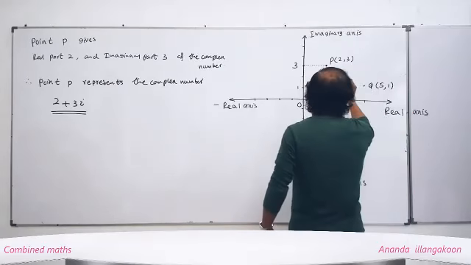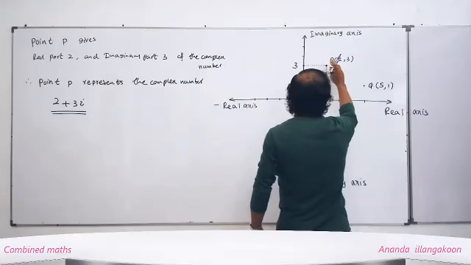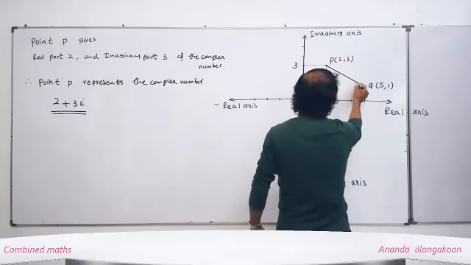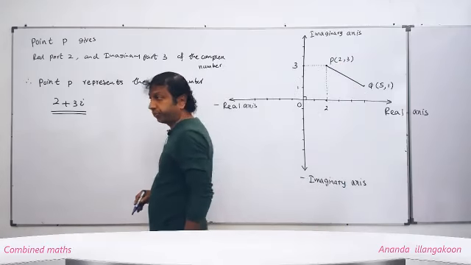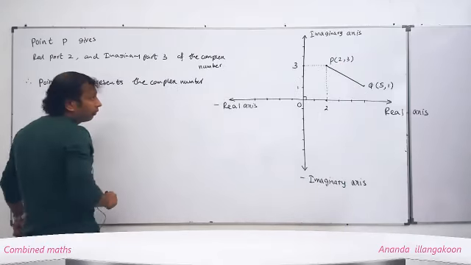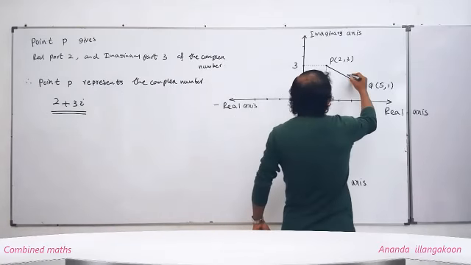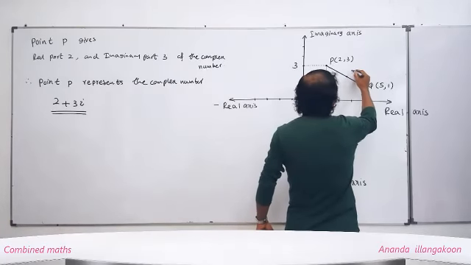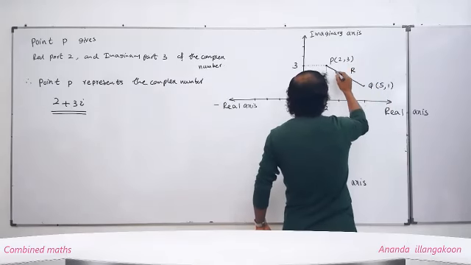Now I am going to join these points P and Q. On the line, I am going to take another point R. This R divides this line PQ in the ratio, suppose, 2:1.